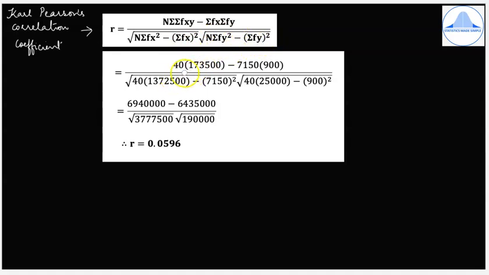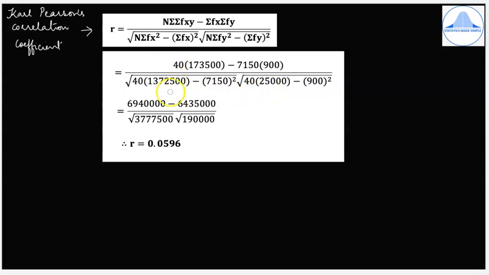Substituting, we get 40 into 1,73,500 minus 7,150 into 900 divided by root of 40 into 13,72,500 minus 7,150 the whole square into root of 40 into 25,000 minus 900 square.